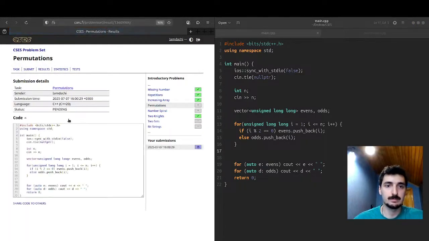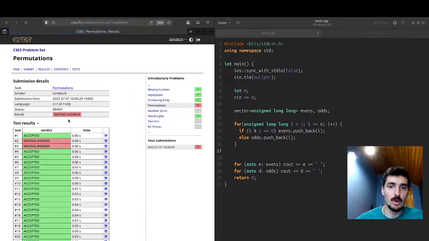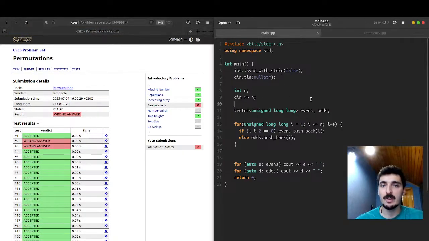CPP. Submit. Please, please, please. Wrong answer. Oh, okay.